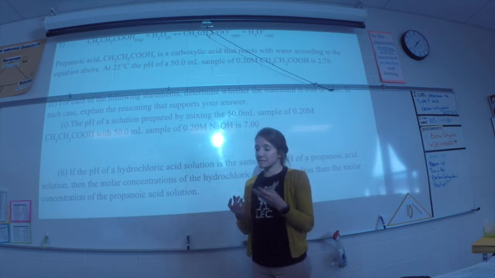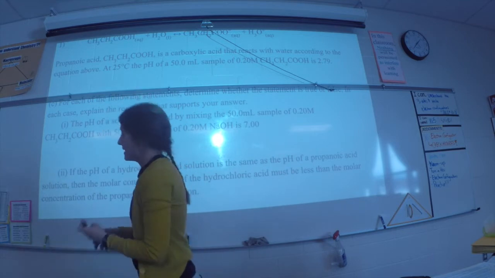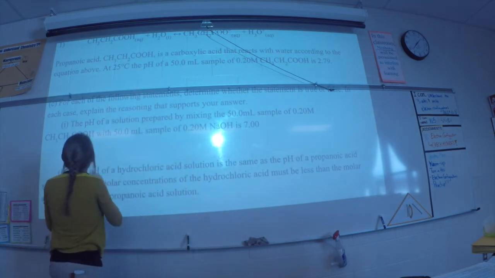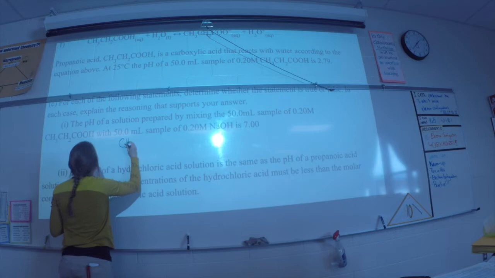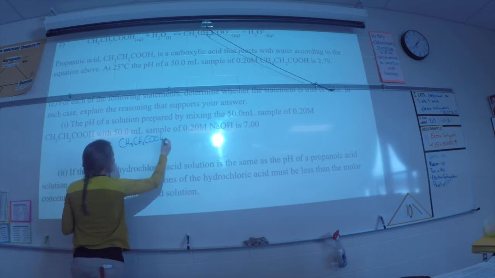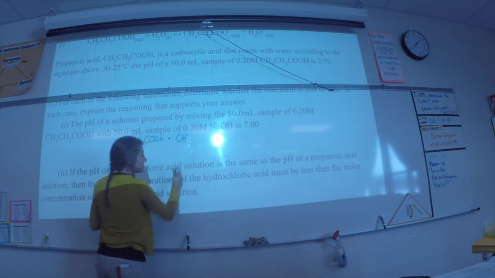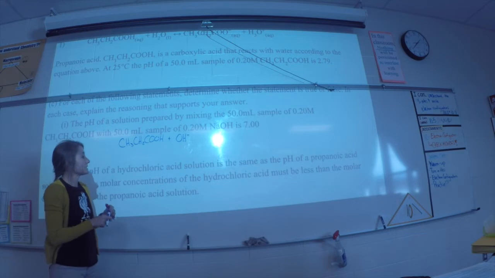So the correct reasoning to this, I'm going to write an equation to hopefully help, is that when you have a weak acid, so we have our CH3CH2COOH, reacting with our, I'm just going to do the OH minus of the sodium hydroxide because that's the main point.